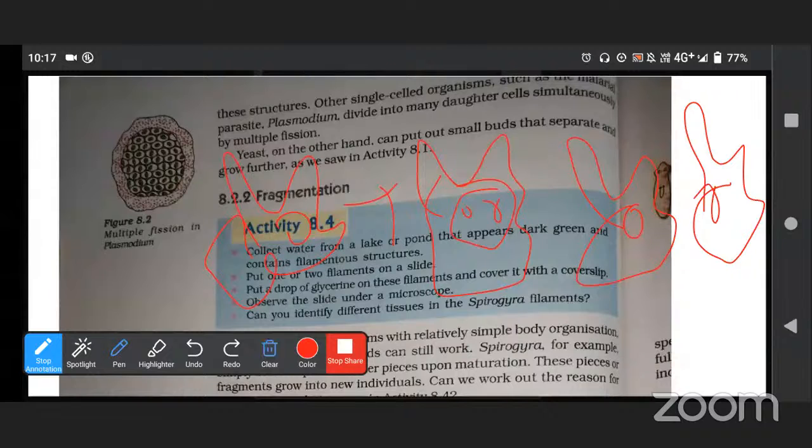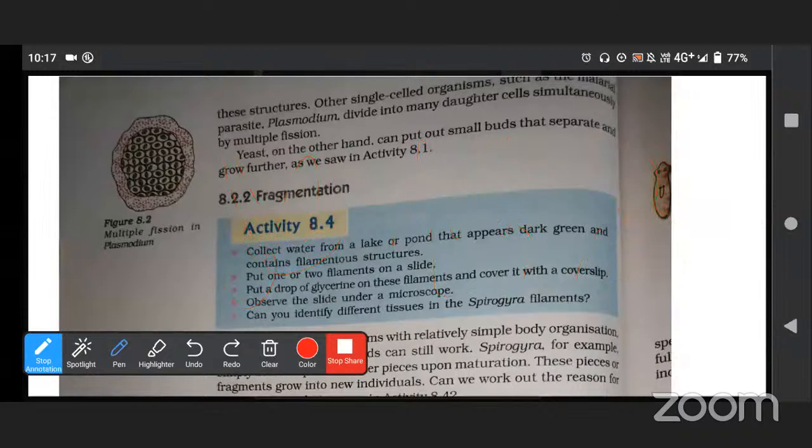And here you see, whenever a cell starts to divide, it will produce more cells, and ultimately many individuals will be produced, and a time will come when they will burst.